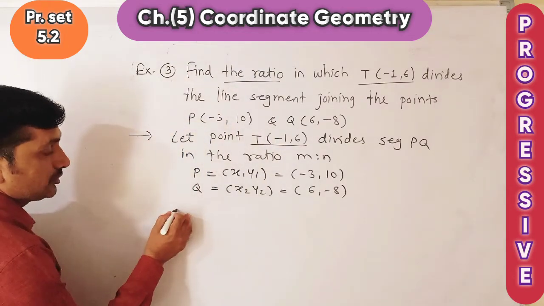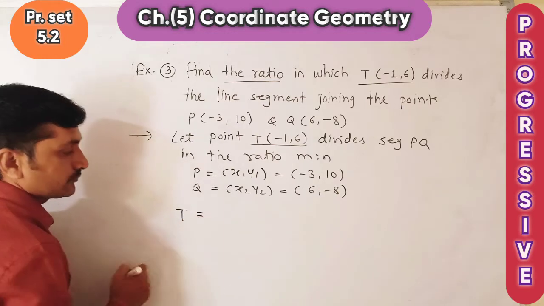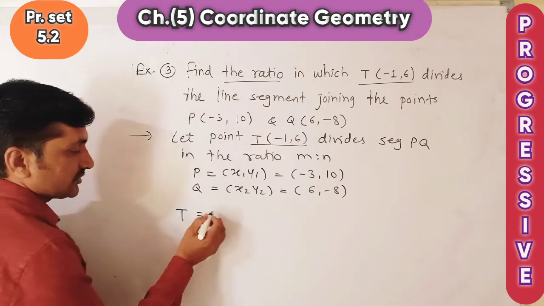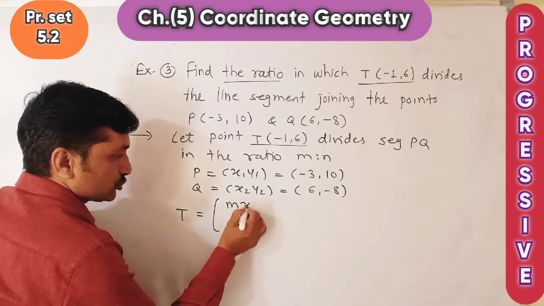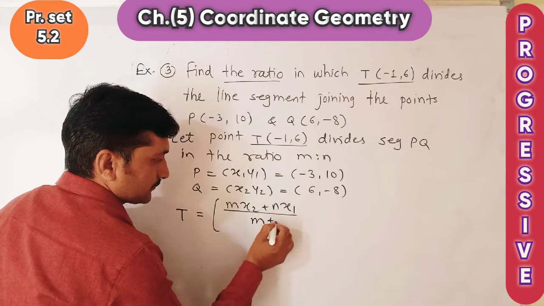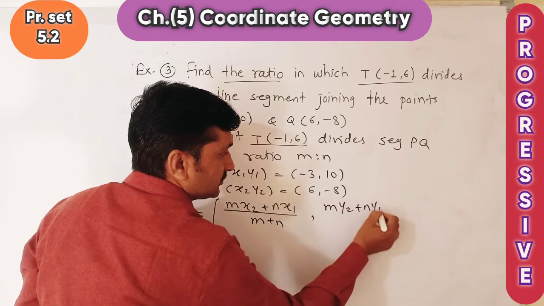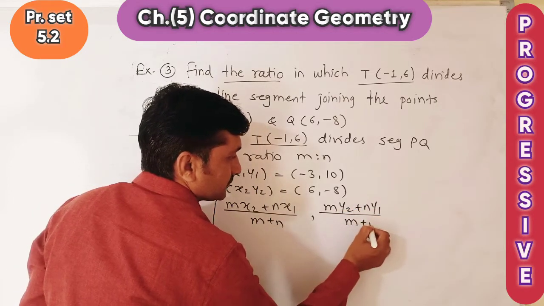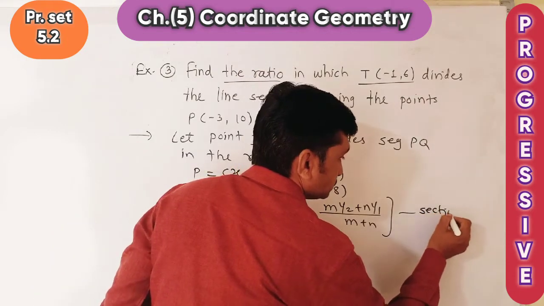Formula: T is equal to, in brackets, (mx2 + nx1)/(m + n), (my2 + ny1)/(m + n), bracket close. Here we use the section formula.